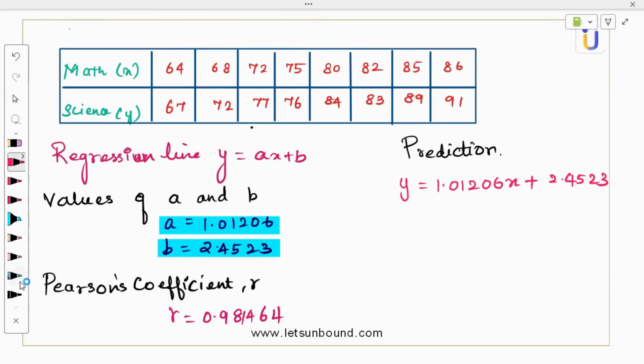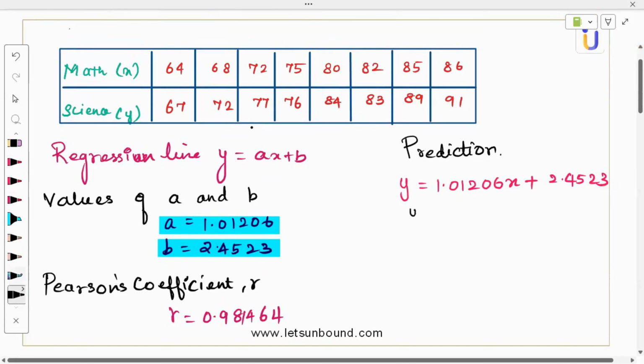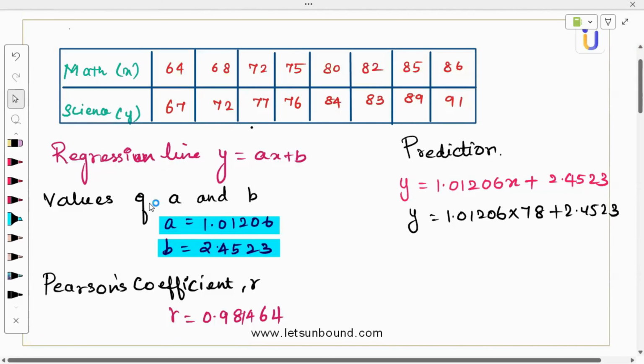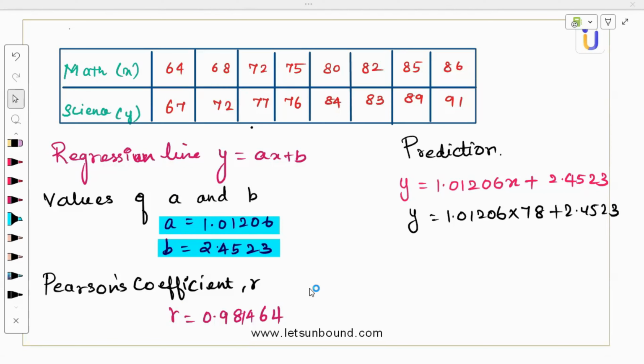And just substitute it now. Y is equal to 1.01206 times 78 plus 2.4523. So this also we can do with a calculator. We'll get an approximated science score for it. And here we will close this problem. That's simple. The first ever problem in this paper. Let's solve this here.